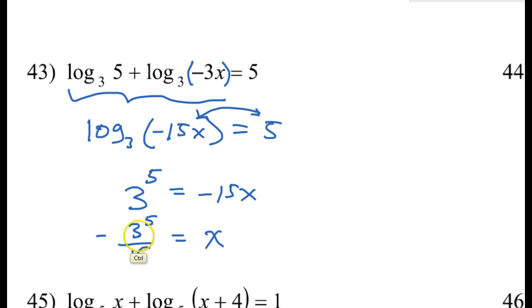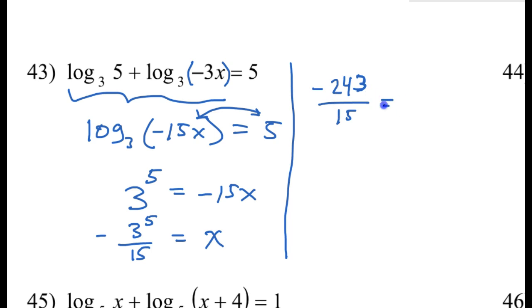Now we might leave it like that. What is 3 to the 5th power? Is that on your chart? 243. So we could write this as negative 243 over 15. Then would you simplify it? Yes. Both of these are certainly divisible by 3.